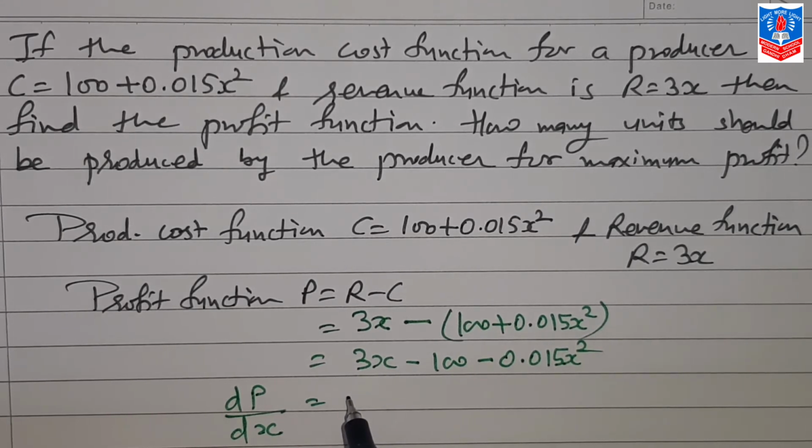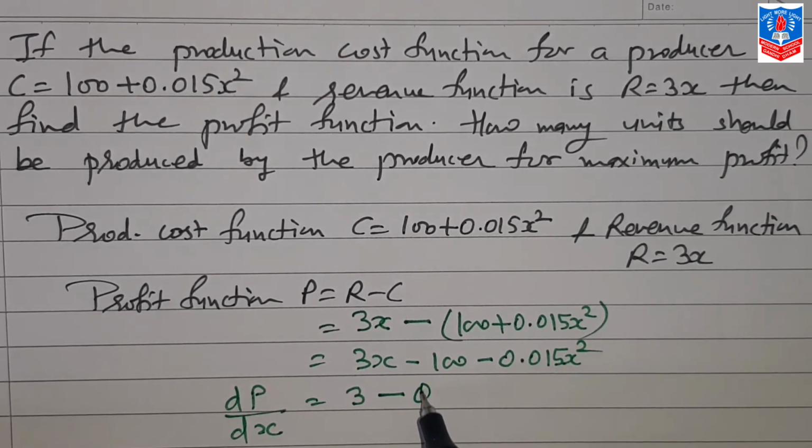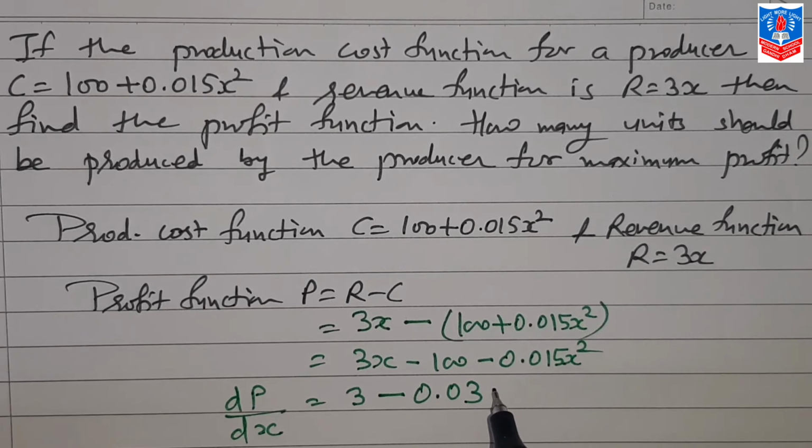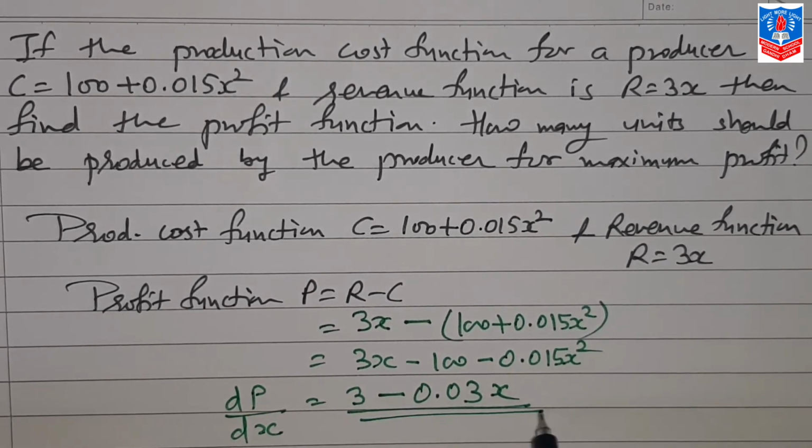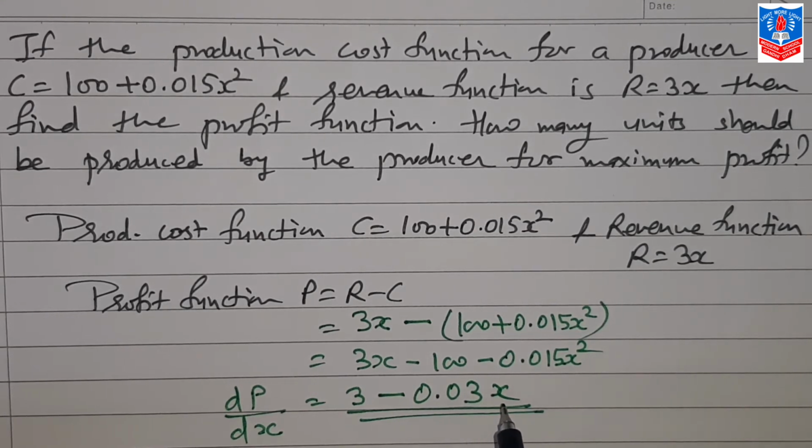Next step, we find dp upon dx. So that will be 3, because the derivative of x will be 1 only, so let it be 3. This minus 100 will be 0 only, and here minus 0.015 into 2 will be 0.03x. So dp upon dx is 3 minus 0.03x.